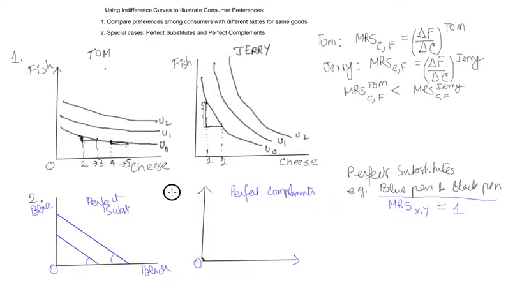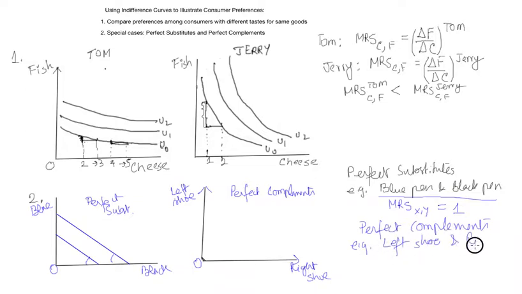Examples would be a left shoe and a right shoe, which means you always want to have them together and consume them together. If I give you one more left shoe without giving you the right shoe, then there is no change in your utility or satisfaction.